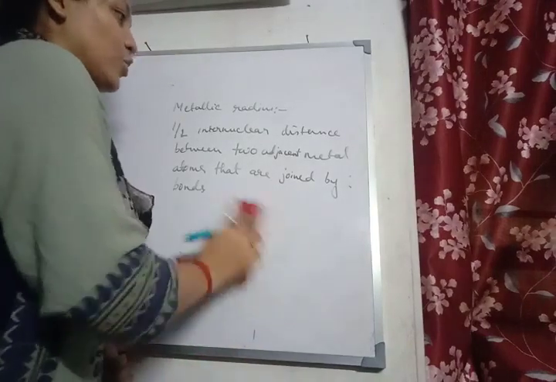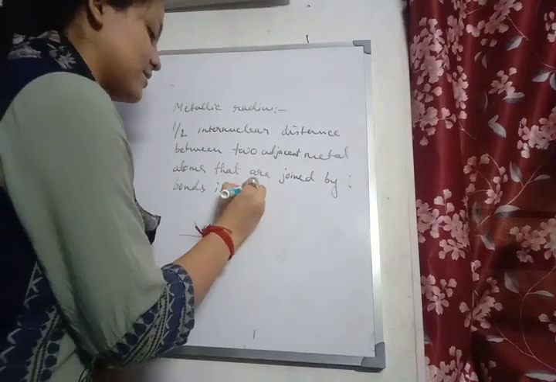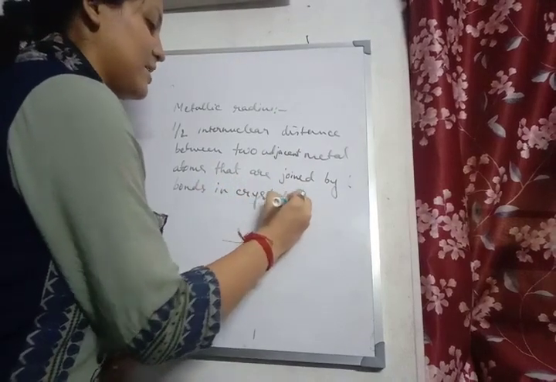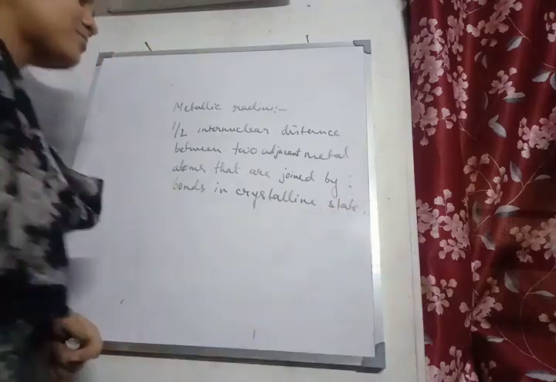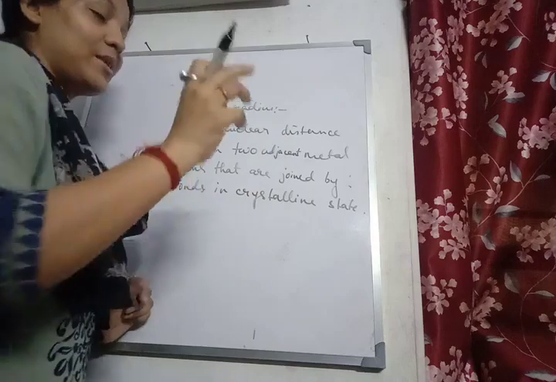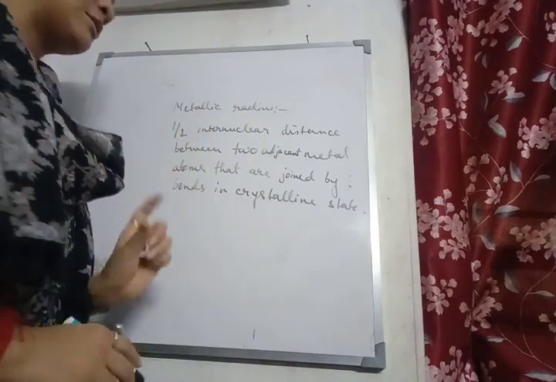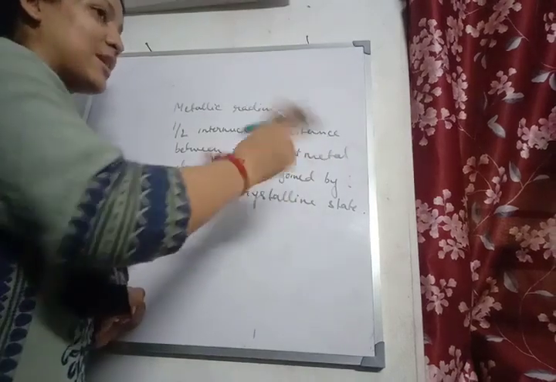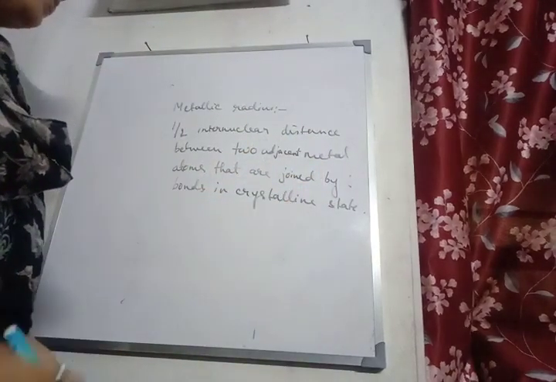That's what your metallic radius is. And this is basically in the crystalline state. It has to be a crystal. And when we say half the internuclear distance, the bond should be between similar atoms, not different atoms. Here the metal has to be the same. We cannot consider two different metals in the metallic bond.